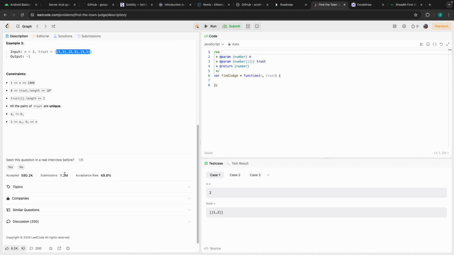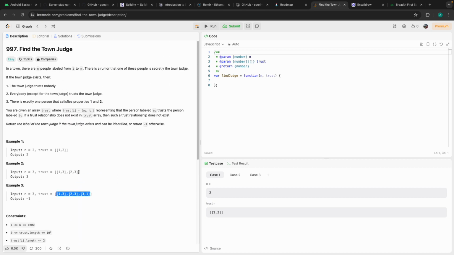It's easy if we solve it without using the graph. It looks easy. Let's try to solve with the easy one.